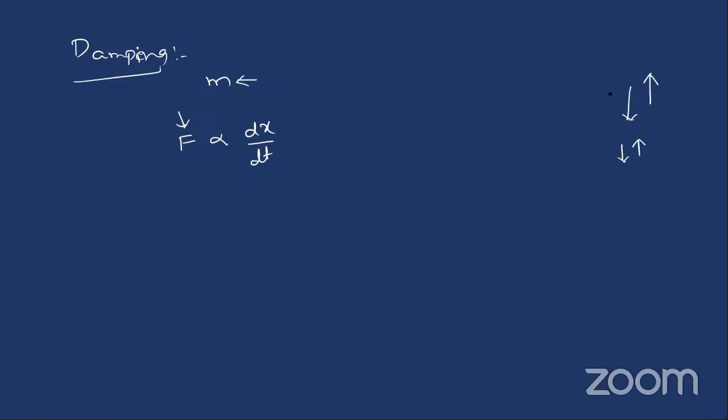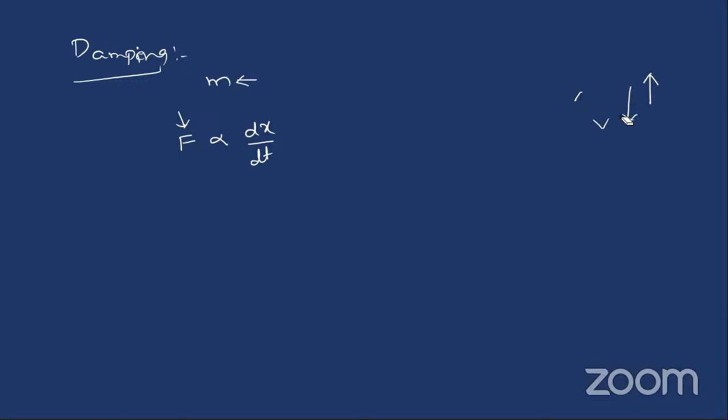And when the mass is moving downwards, there will be a force that acts against it. If the spring is moving upwards, there will be a resistive force which moves downwards. Only when these two move in opposite directions can the wind resist the mass.